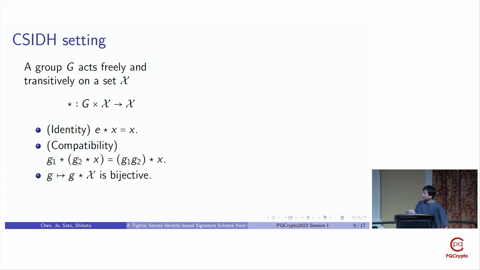Then we introduce the CSIDH setting. As mentioned earlier, CSIDH is an instantiation of group action. A group action is a binary operation from G times X to X, which satisfies the identity and compatibility conditions.